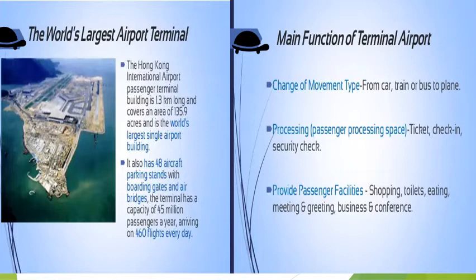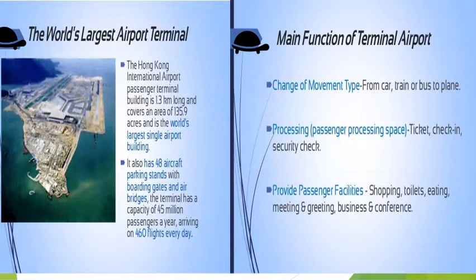It has 460 flights arriving a day, and it can handle 45 million people, with parking places for 48 aircraft. It is spread over 135.9 acres, and the terminal building itself is 1.3 kilometers long. So this is one of the biggest airports you can see: Hong Kong International Airport.